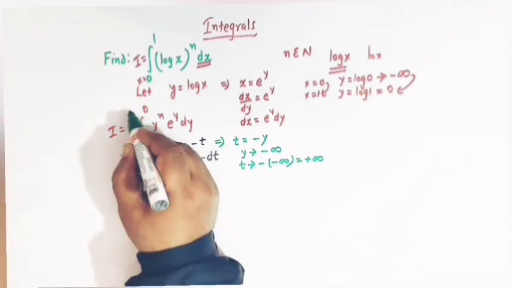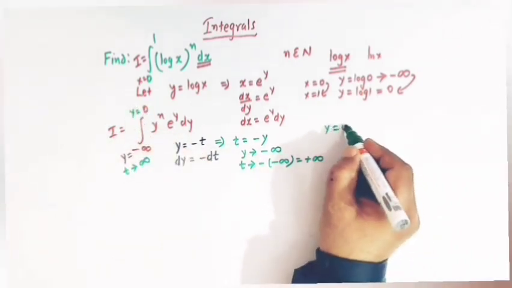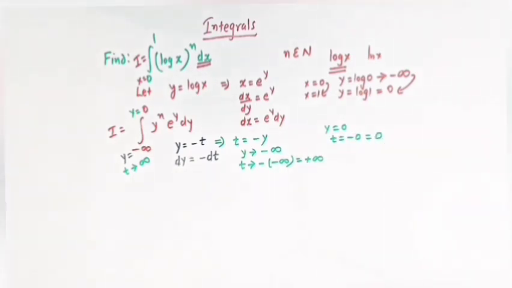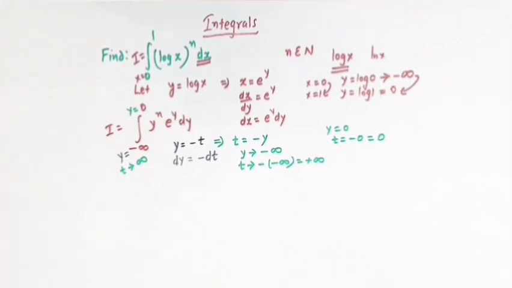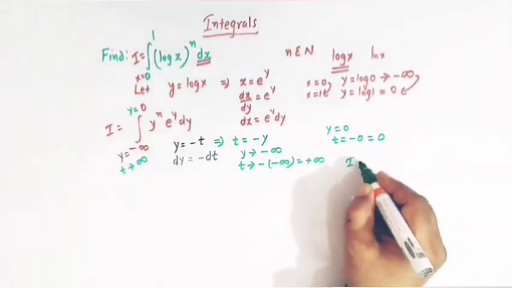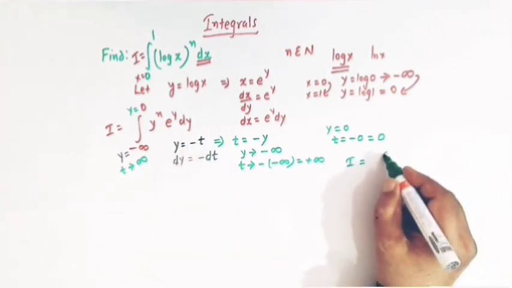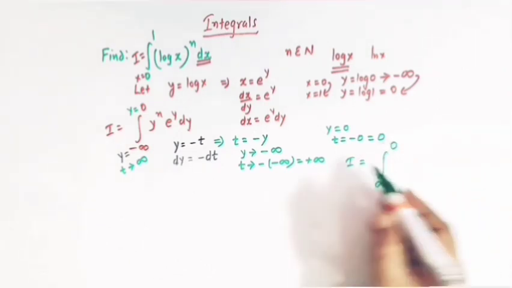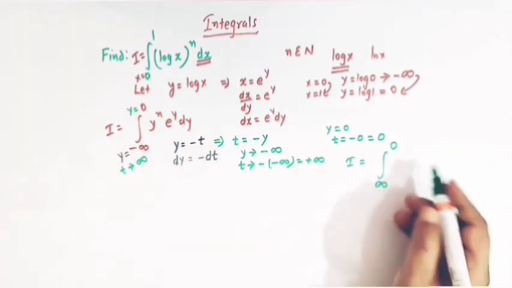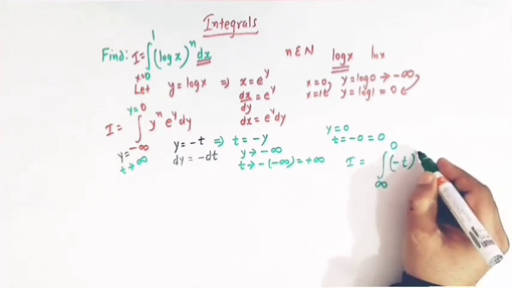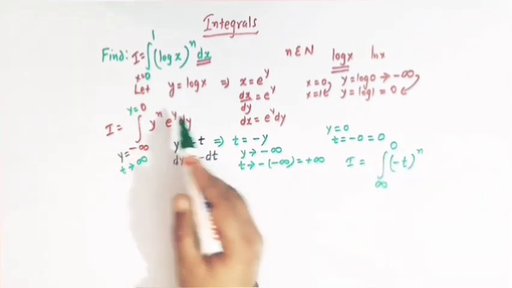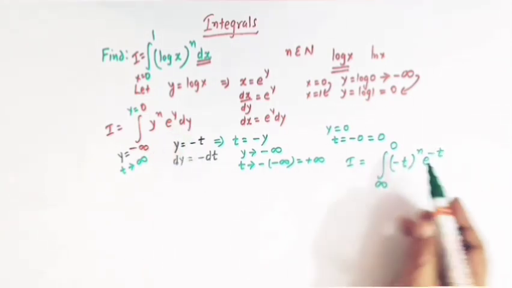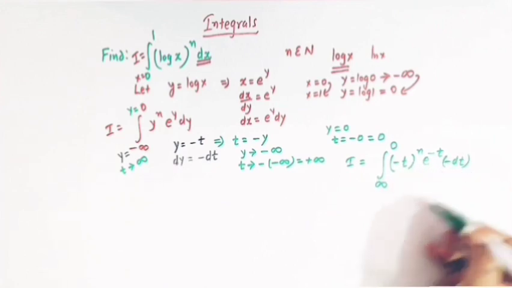And similarly, when y is equal to 0, then obviously t is equal to minus 0, that is equal to 0. So now we can write this integral I in terms of t as the integral from infinity to 0, for y we write minus t, raised to n, and we have e raised to minus t, and for dy we write minus dt.